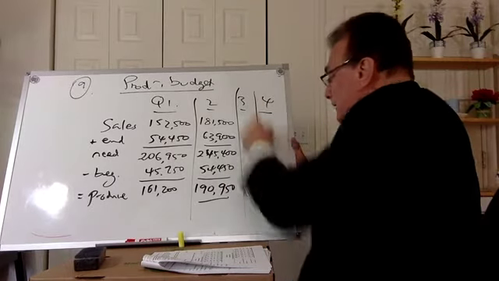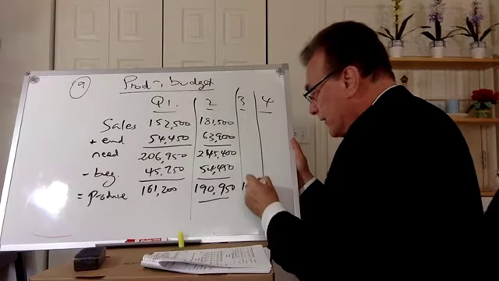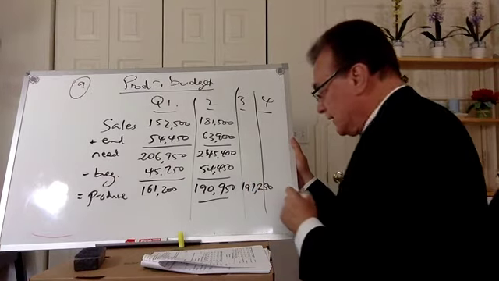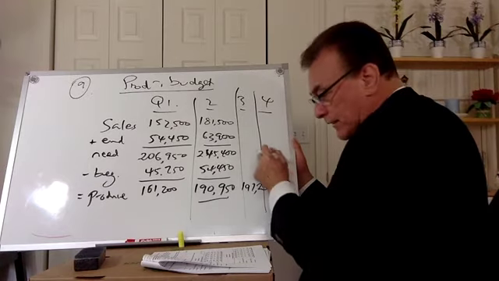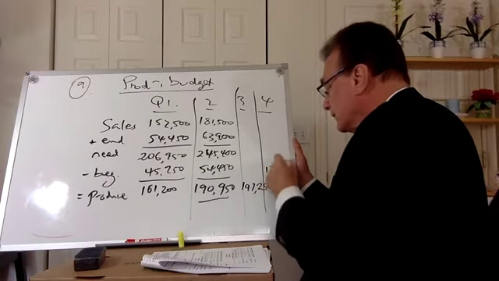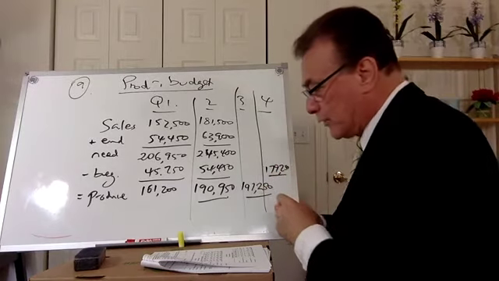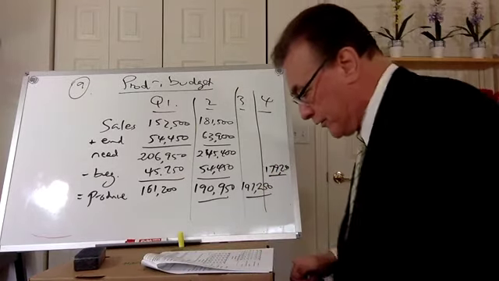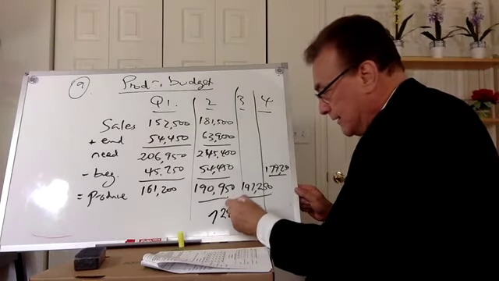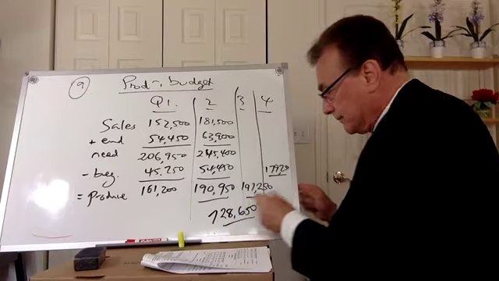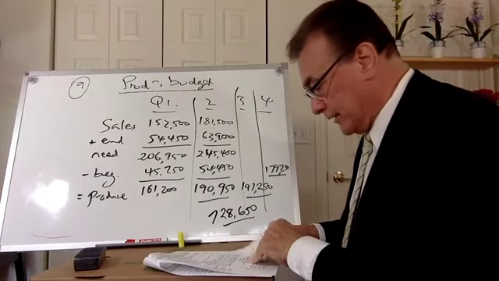Quarter 3, you're going to have at the bottom here 197,250, and quarter 4 you're going to have 179,250 there. Okay. For a whole year, units to produce will be 728,650.